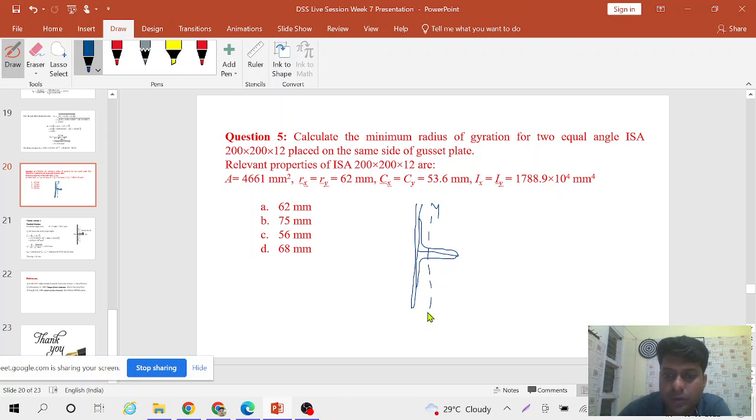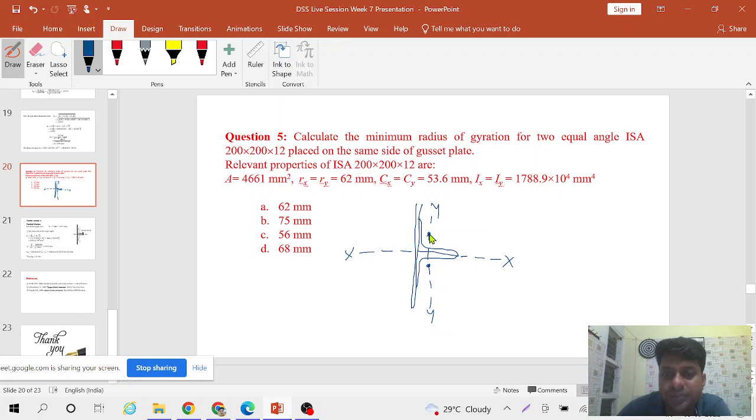So this is the YY axis, and this is the overall x axis of this entire connection. For this angle its centroid is here and here.